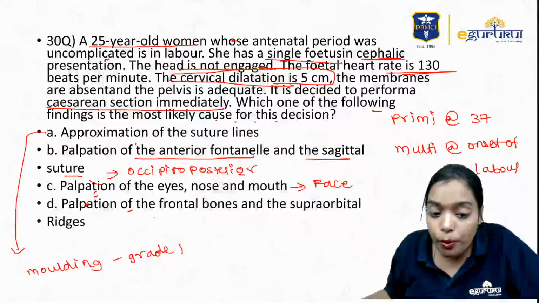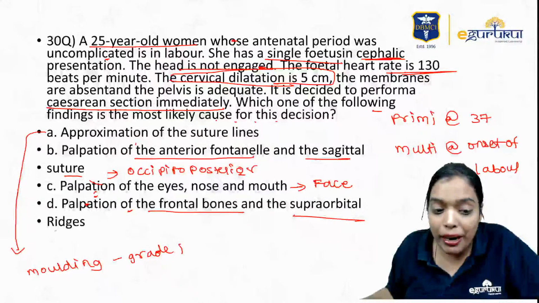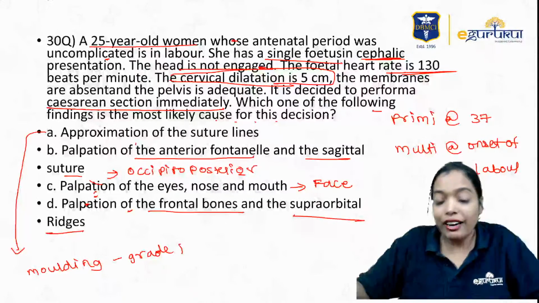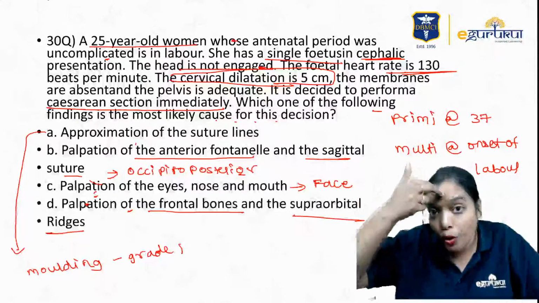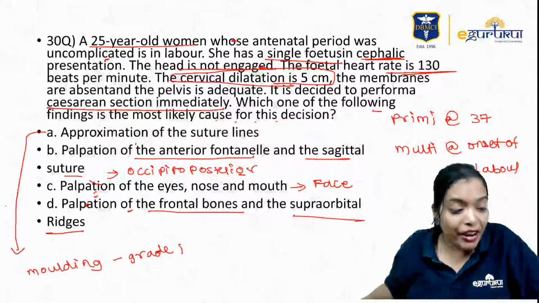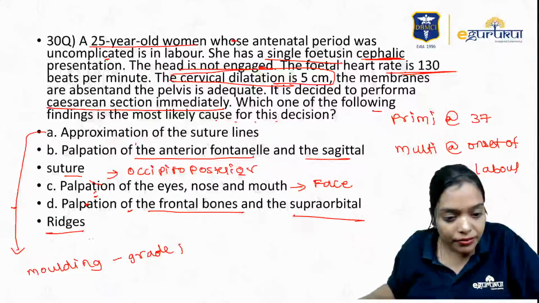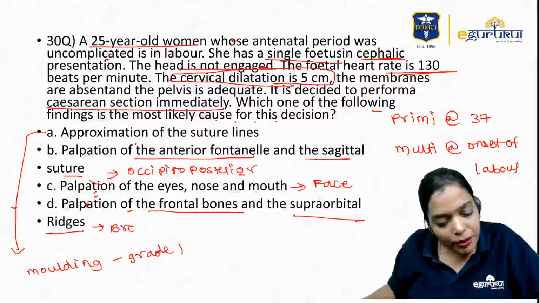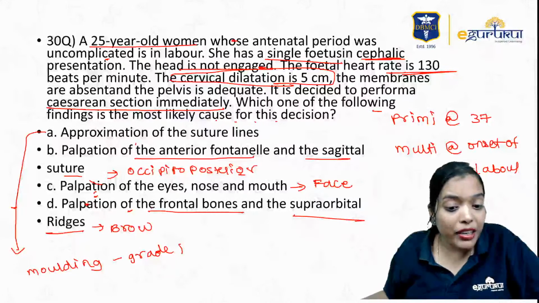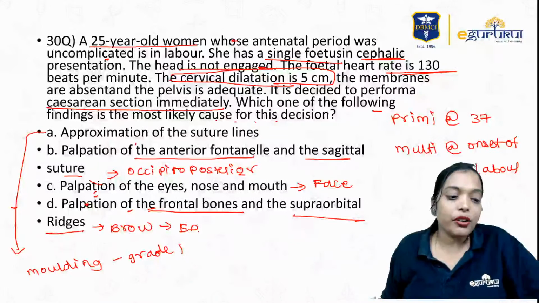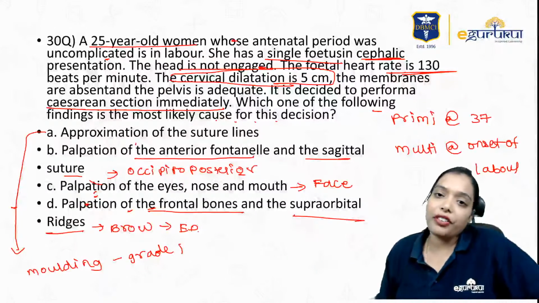Palpation of frontal bones and supraorbital ridge. So, where do we palpate frontal bone and supraorbital ridge? It is brow. Can brow ever come out from the pelvis? No, because how many centimeters is the engaging diameter for the brow? I think most of you know my mnemonic for the engaging diameter.